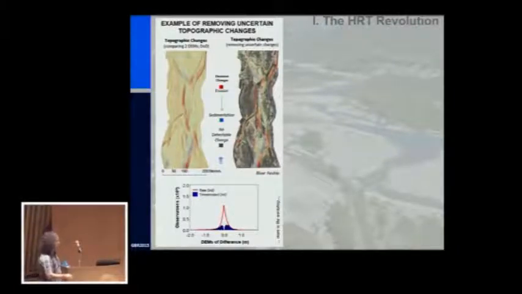I'm not going further here because there will be a workshop on these gravel bed rivers where you can play with all these techniques. So what we want to show you here is how, by applying an error in the digital elevation model, we removed a lot of cells that are considered uncertain.